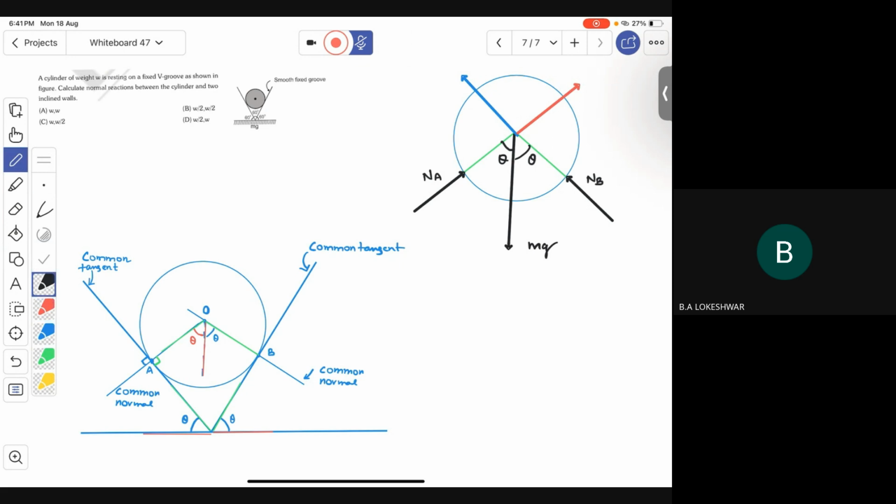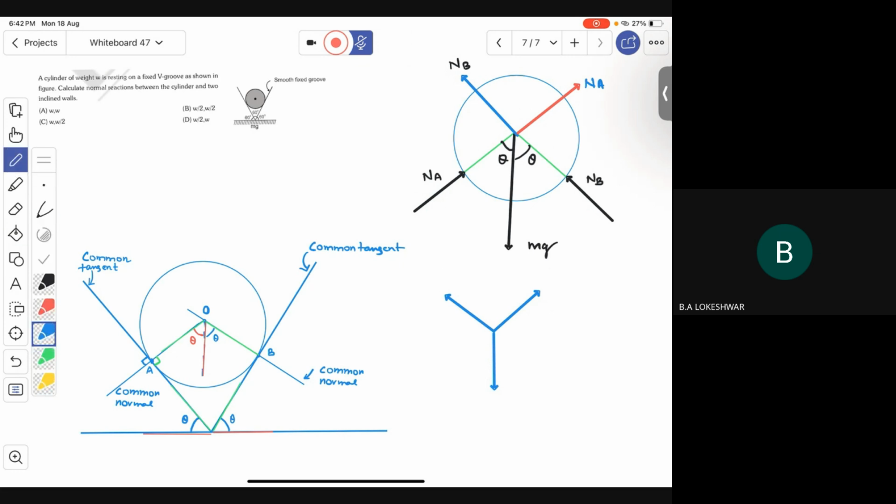Instead of using the black arrow for NB, I can use this blue arrow. I'm shifting NB and NA parallel to themselves, and instead of the black arrow for NA, I can use this red arrow. It's not going to change anything. I will draw these guys separately here to show things clearly: this is NB, this is NA, and this is Mg.